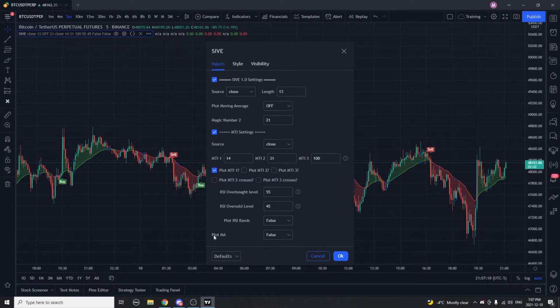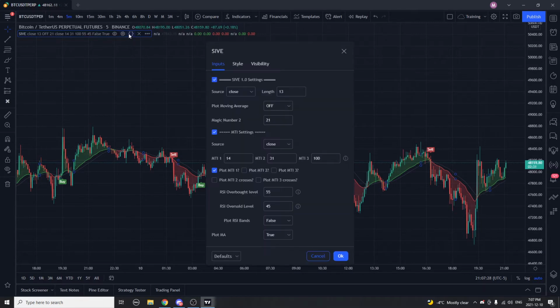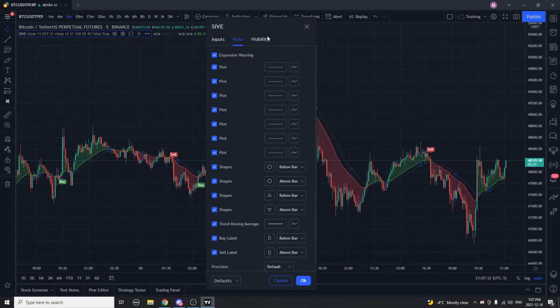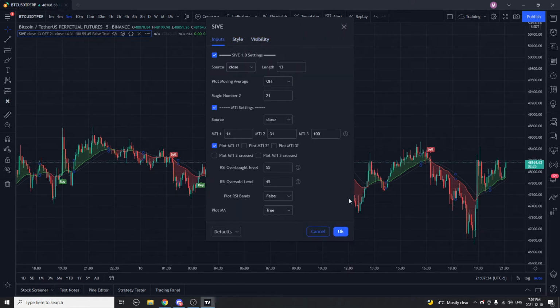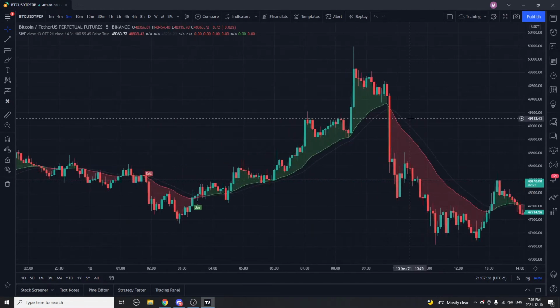And now moving down, we have our final setting, plot moving average. This is a moving average based on the RSI. Now I have a dark chart here, so it's kind of hard to see.